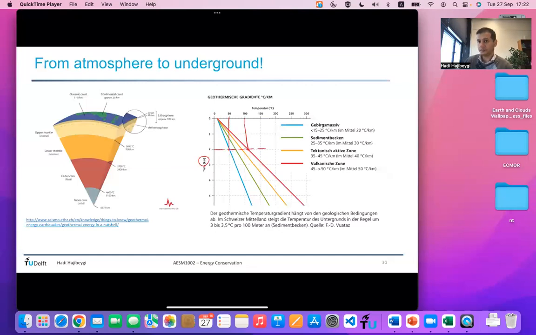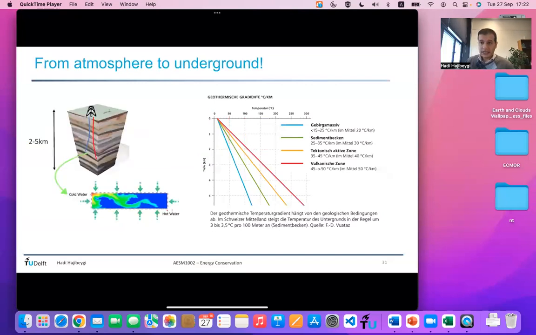That would mean that heat is an essential part of anything in the subsurface, because subsurface is warm, much warmer than the surface. So we should also consider heat in the subsurface, or in a way, energy conservation in the subsurface processes.